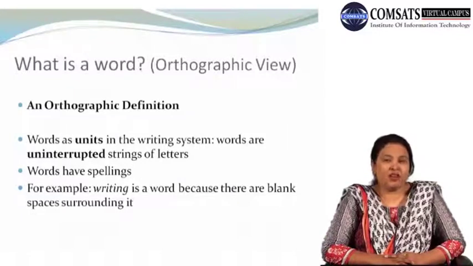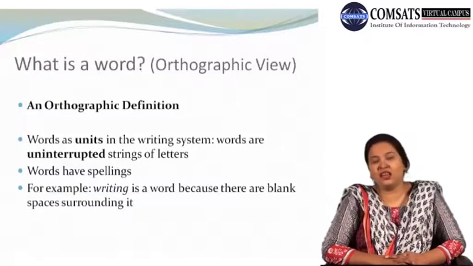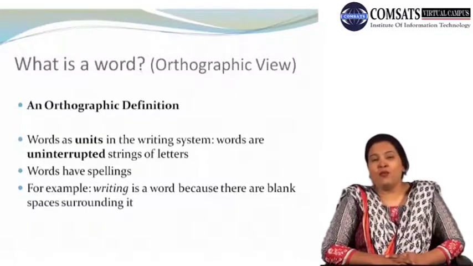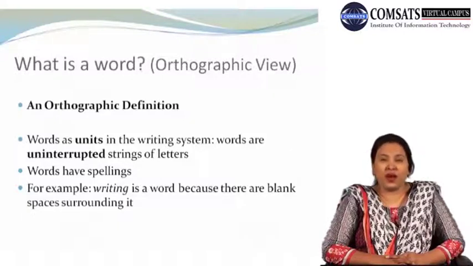For example, writing. Now writing itself is a word. When we see it in written form, we will identify it, because we know that W-R-I-T-I-N-G is the spelling for the word writing. And second important thing, when we see it, we will find spaces on the sides of this word writing.